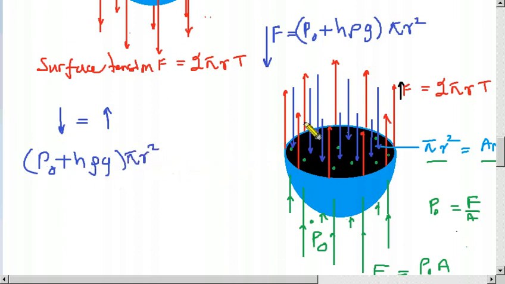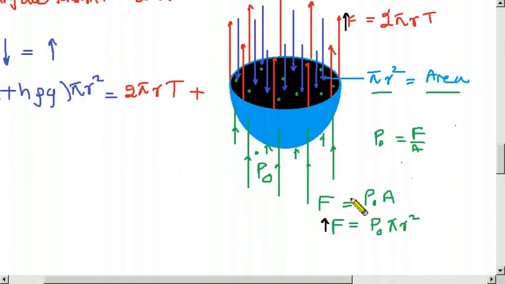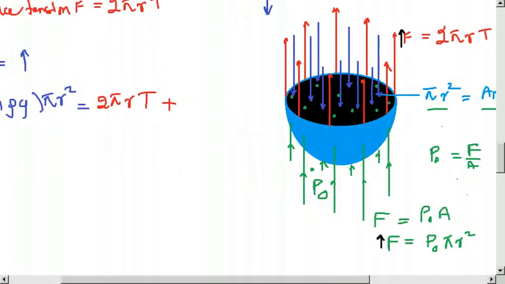Then that is the only force downwards, which must equal the upward force, this red one, 2πrT, plus this upward force, the green one, P naught πr squared.